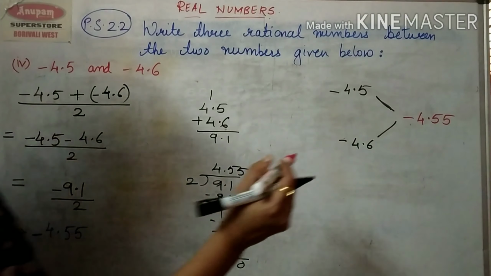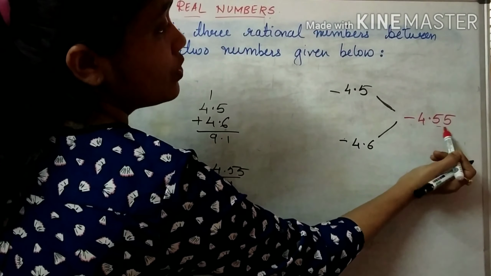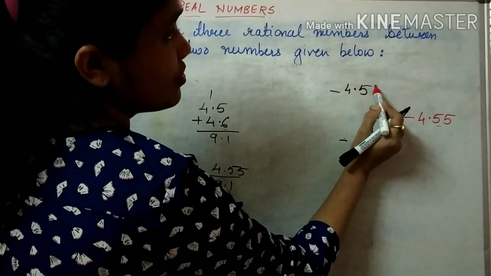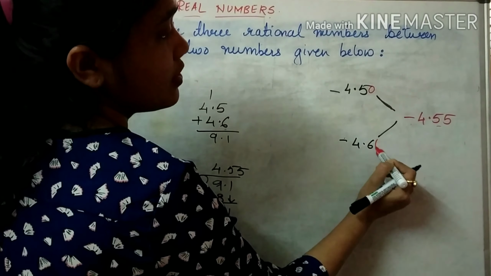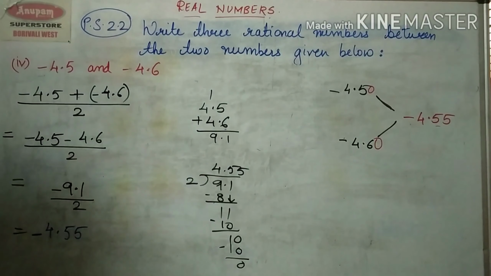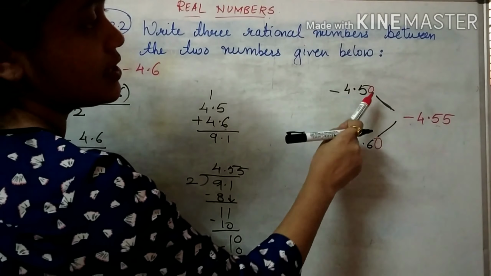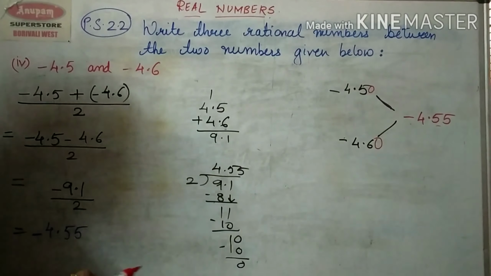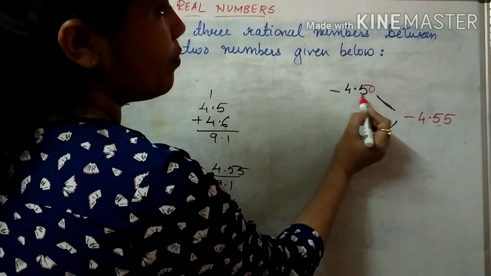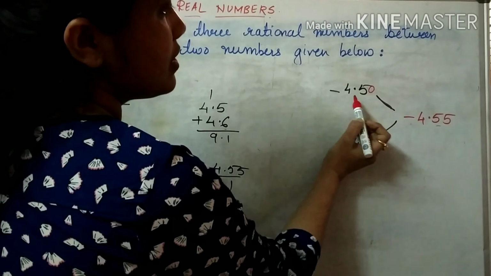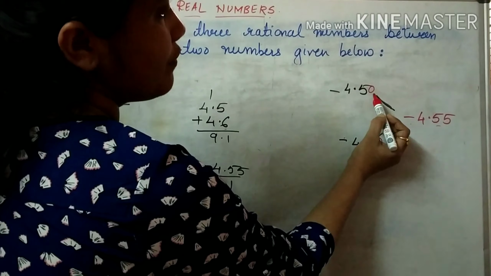Now, if this is having 2 digits after decimal point, let me take also 2 digits. So I put zeros here. I cannot put any number. I need to take 0. Now, you can see there is a number 50, 60, and you have 55 already. So in between 50 and 55, 4.5 is same. This part is same, 4.5, and the only difference is 0 and 5.